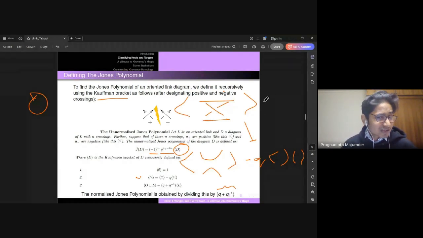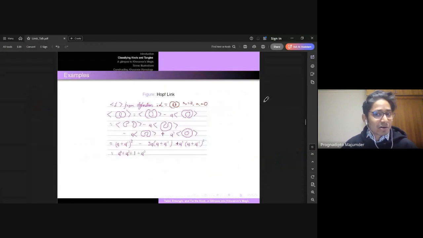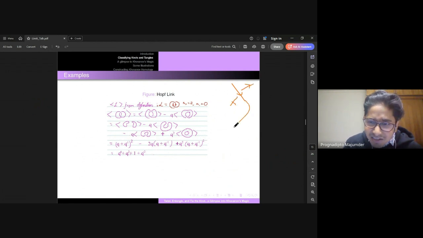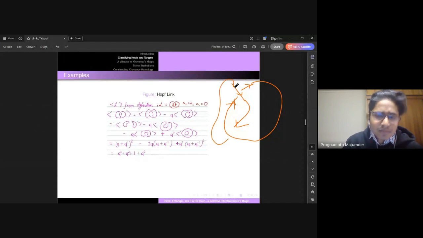So it's easy to compute, and someone found that the computational complexity is polynomial in the number of crossings, I guess. Here you see I've computed something for the Hopf link. You can just have a look. I've oriented the crossings this way. This is the first crossing, and here is the second crossing. This is the diagram, and both are positive crossings.